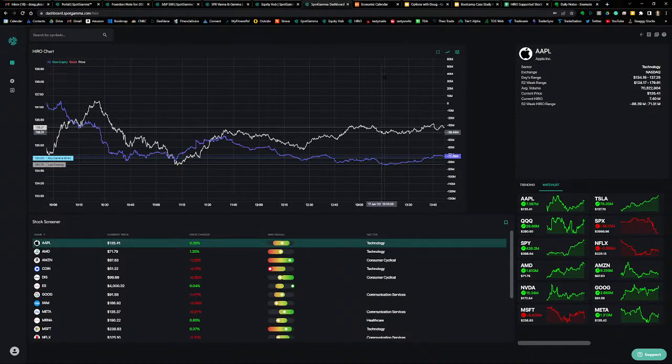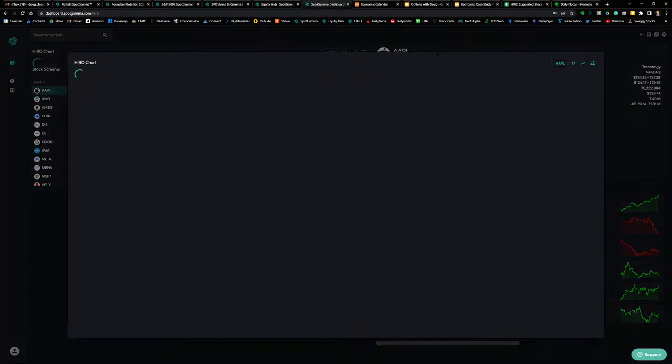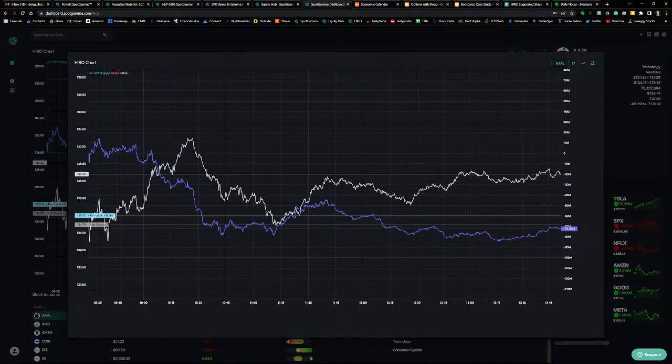And the first one that I want to take a look at is Apple. And what I'm looking at is this reversal divergence lower. So traders start selling calls and buying puts.